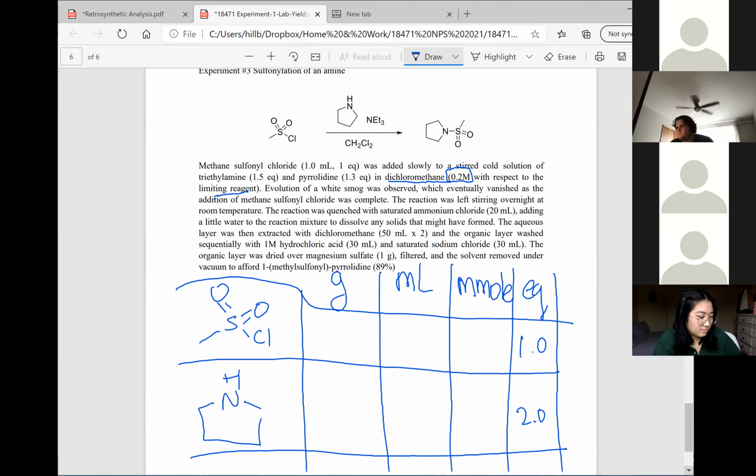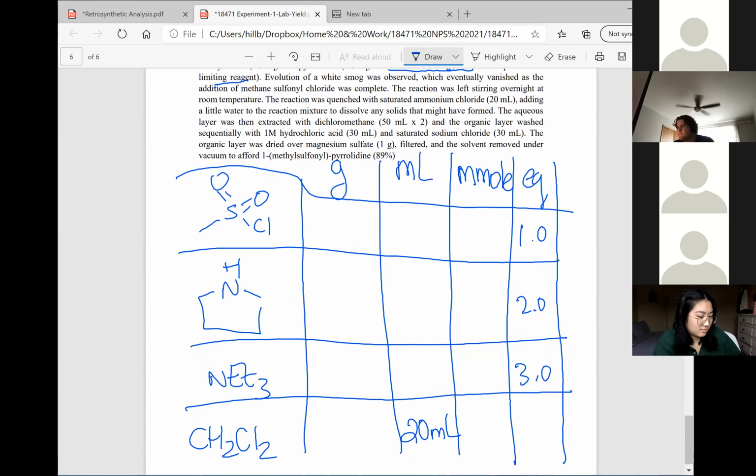So whatever the limiting reagent is, you need to make a 0.2 molar solution. So the millimoles of this divided by the milliliters of solvent should equal 0.2.